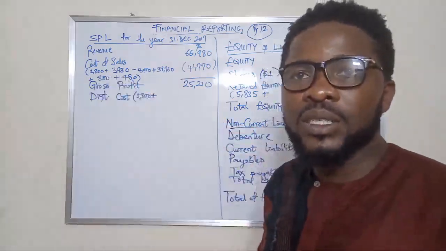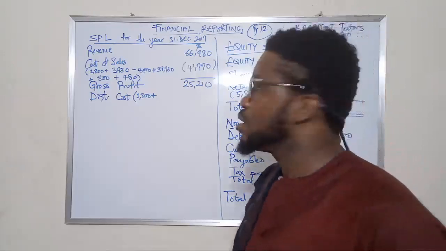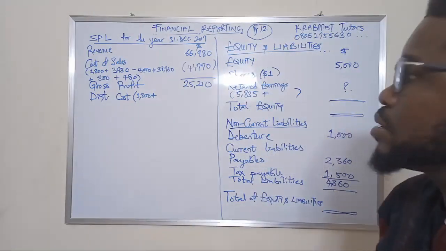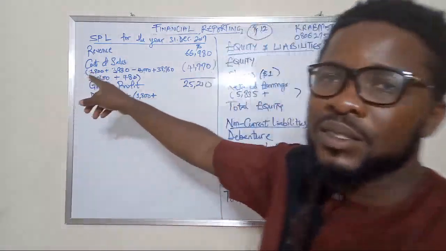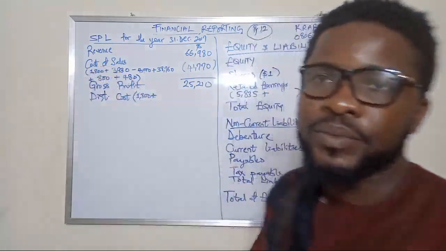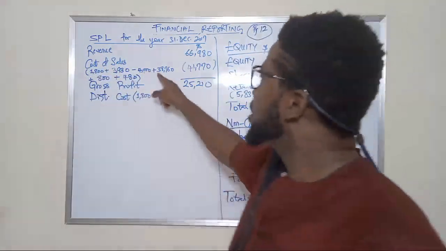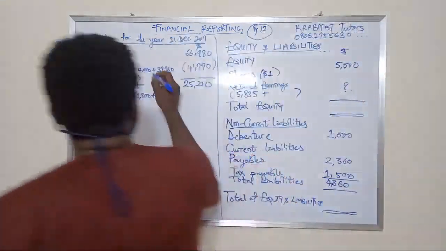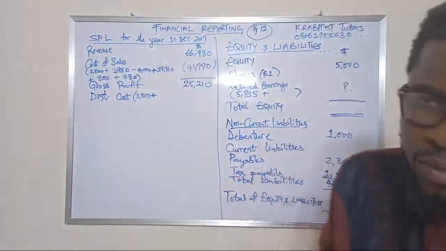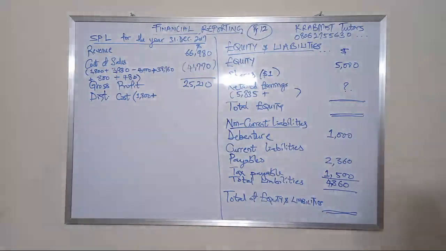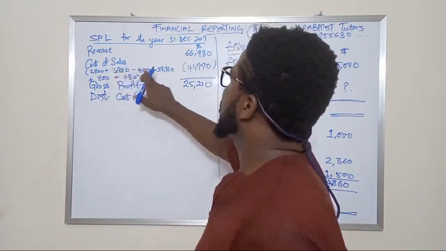It's a debit. You understand? Staff cost is an expense. It's a debit. Purchases is an expense. It's a debit. Opening inventory, closing inventory.